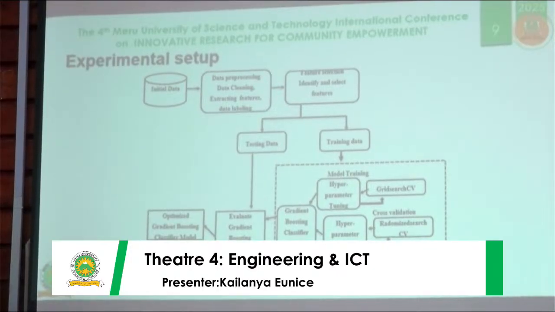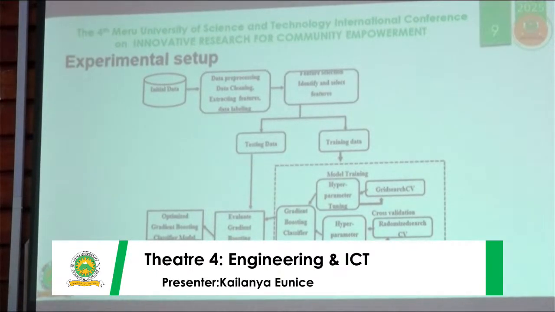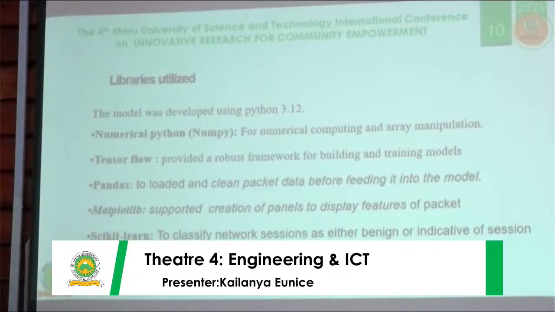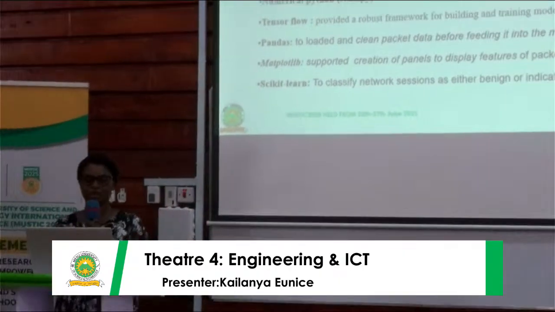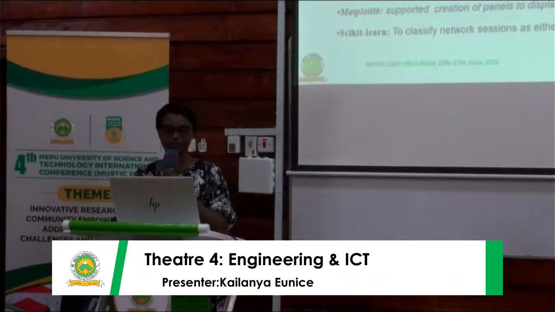And then the testing data was used to evaluate the efficiency of the gradient booster, and then the result was optimized. For the libraries that were utilized, we have Python. Python was used to develop the model, and other libraries or software that were used are listed below.